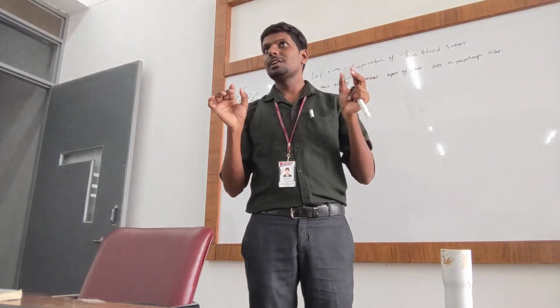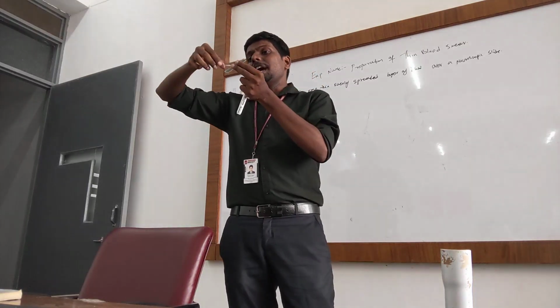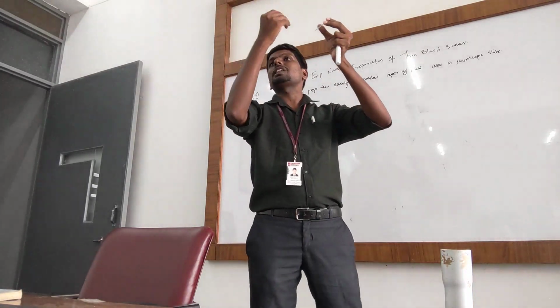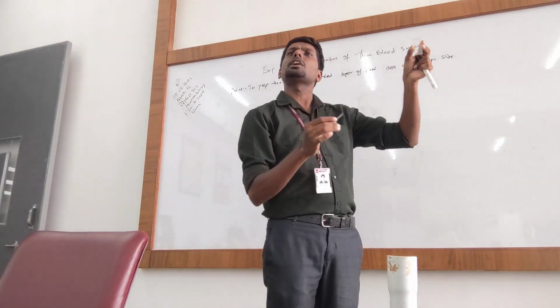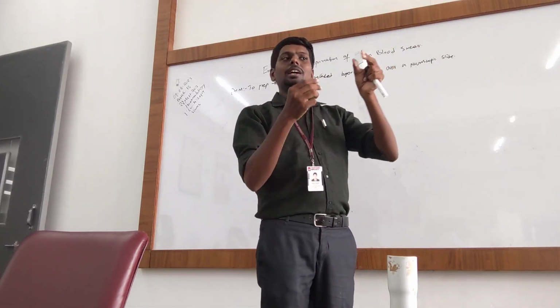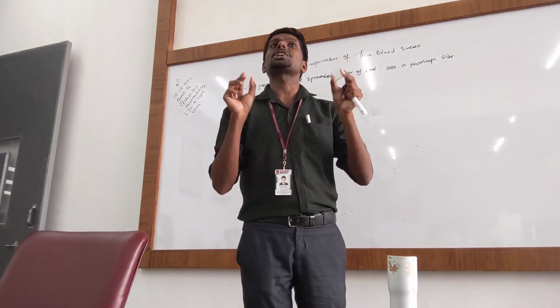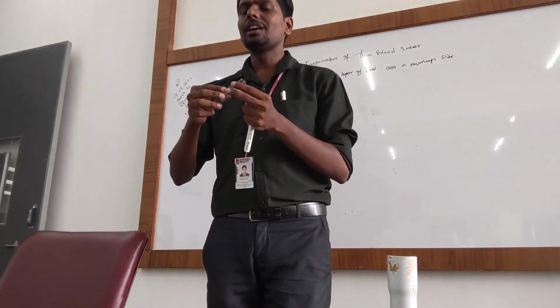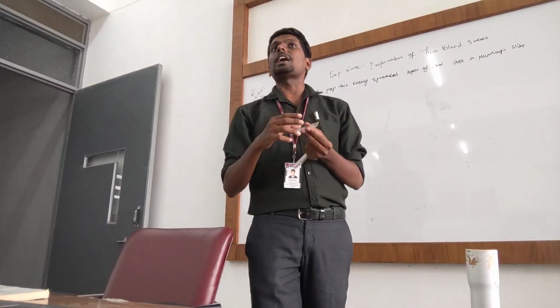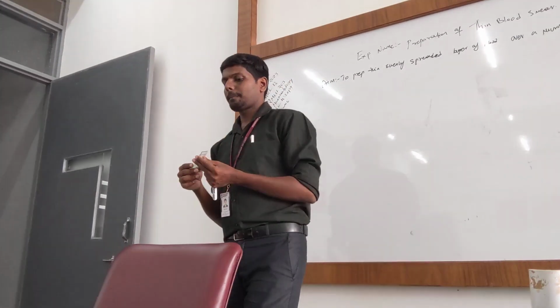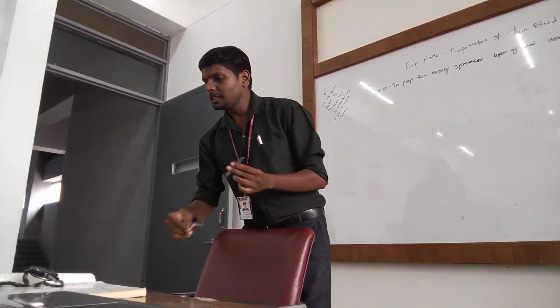Is that a good smear? It's not. Or the smear is entirely there throughout the slide. From here to here there is a smear. Is that a good smear? No, right? It should have a tongue shape. Okay? Write down first one. An ideal smear should have a tongue shape.